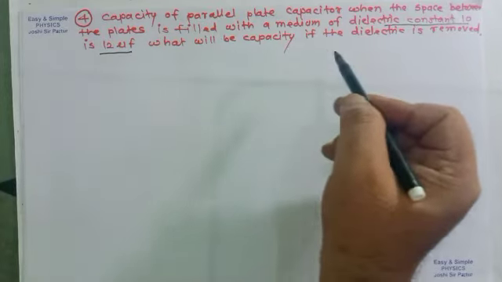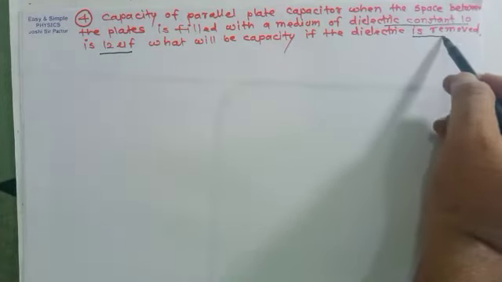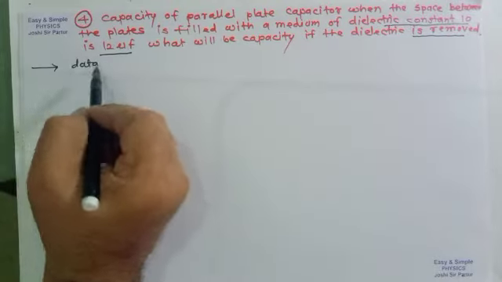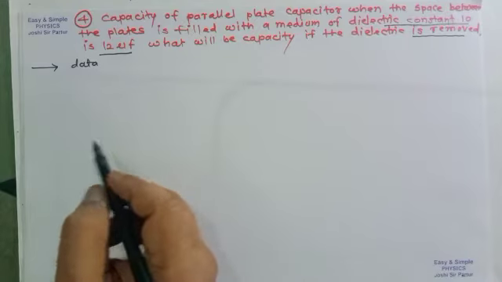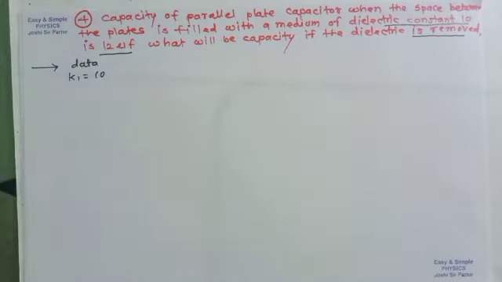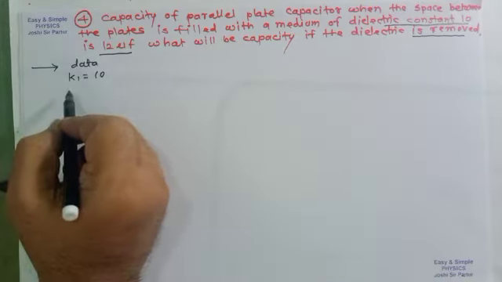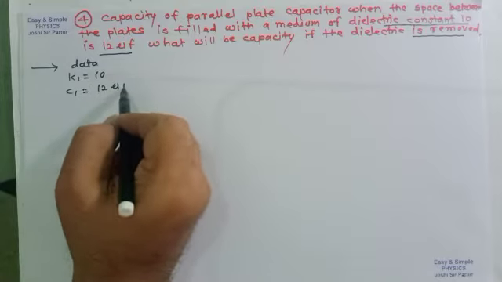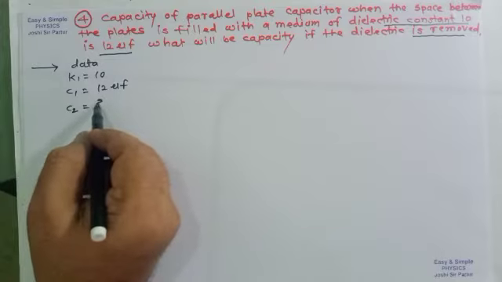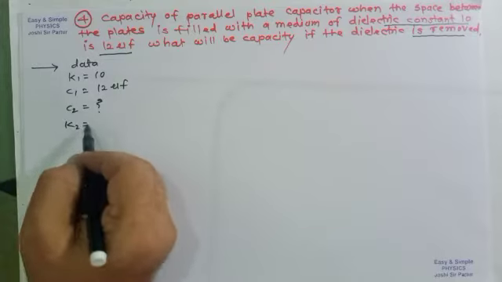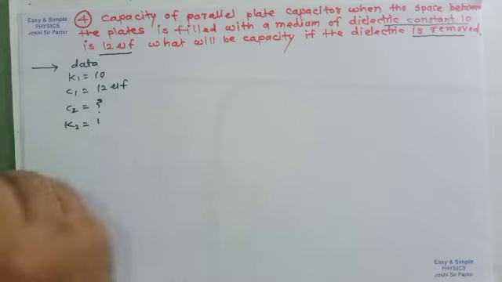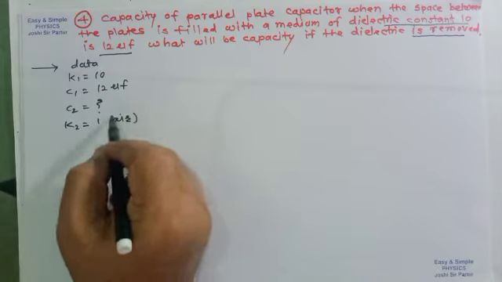What will be the capacity if the dielectric is removed? We can write the data: dielectric constant K1 is given as 10, capacity C1 is given as 12 microfarad. C2 will be calculated and dielectric constant K2 is removed. K2 will be 1, that is for air or vacuum.